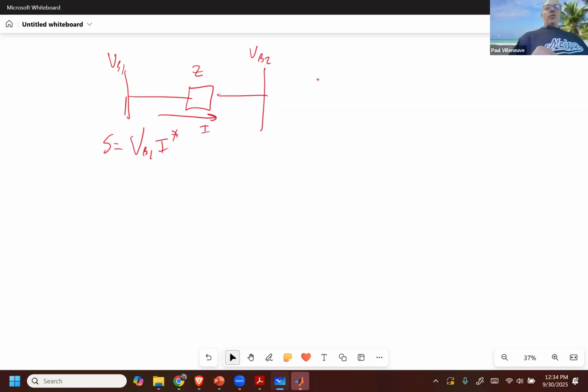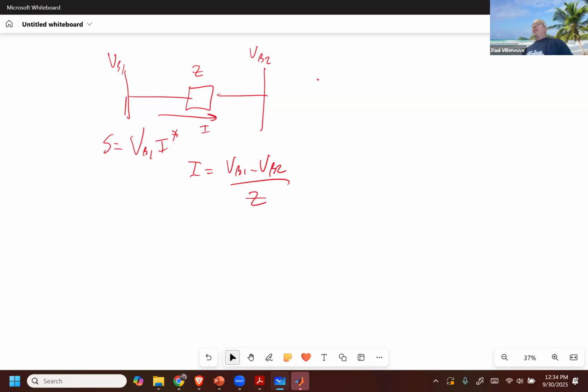So you have to solve for I, which is VB1 minus VB2 divided by Z. And that is the per phase power because I gave you phase voltages. Some people put square root of 3s. You didn't need it because you had phase quantities there.